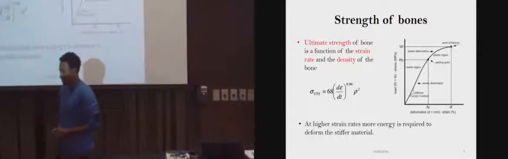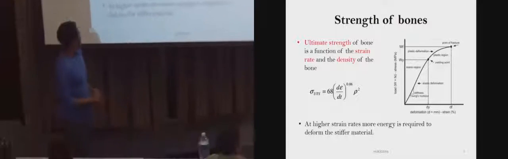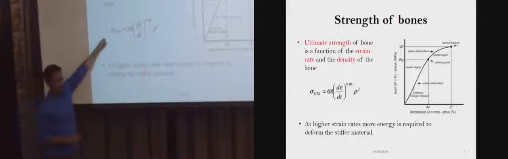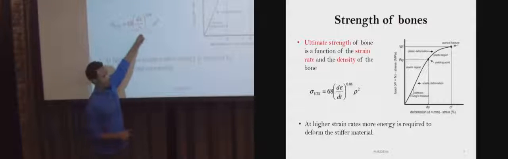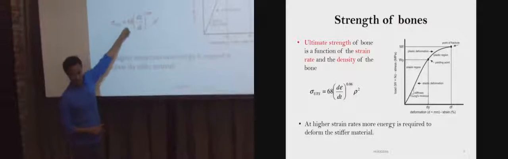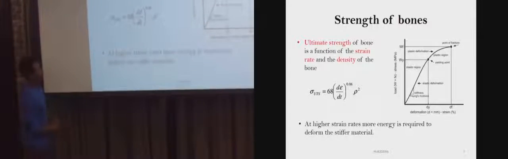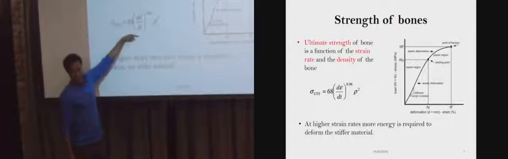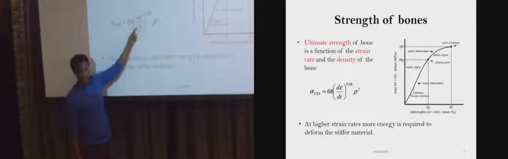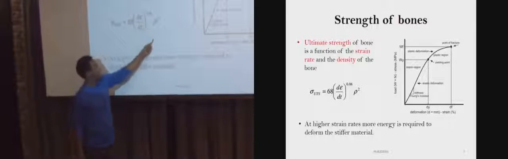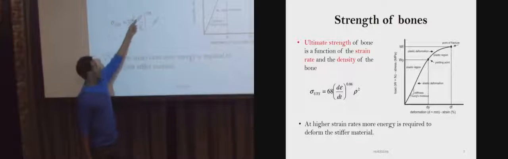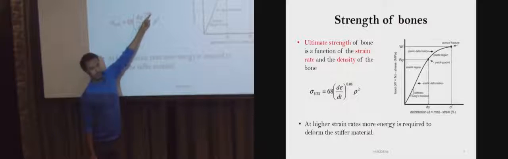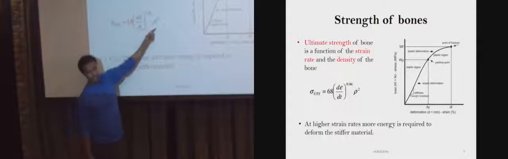What's that? This one. This is the ultimate tensile strength. This is the maximum load for a bone. After this point, the bone can't withstand any kind of load, and this is equivalent to 68 times the strain rate. The strain rate means change in strain divided by change in time, to the power of 0.06, times density squared.